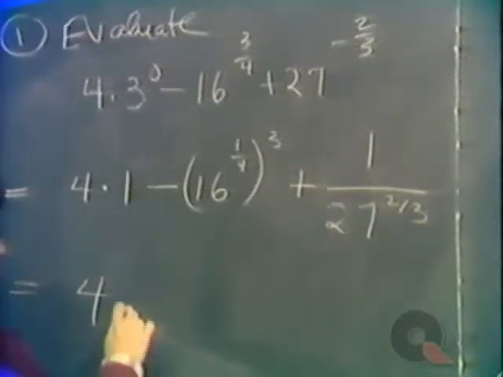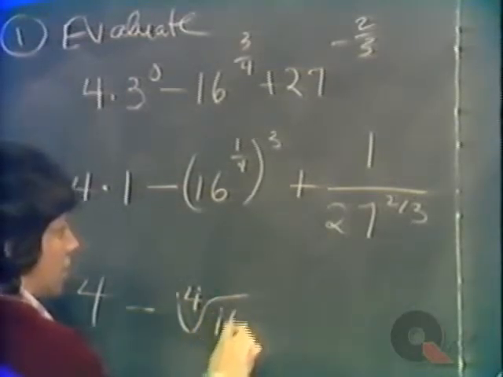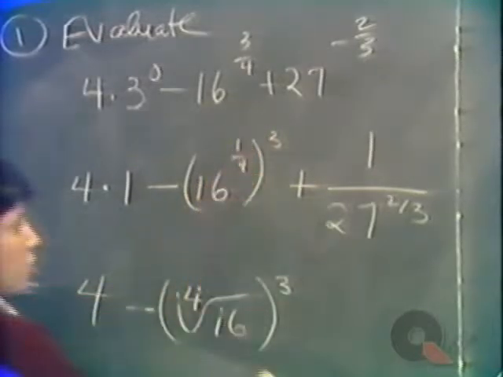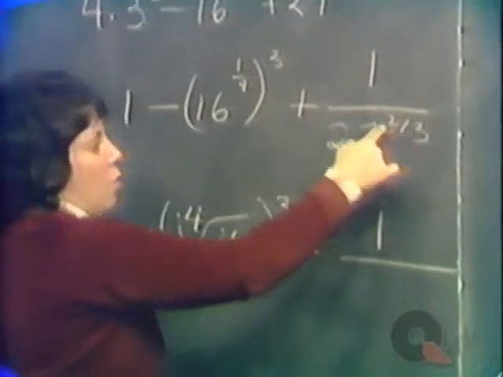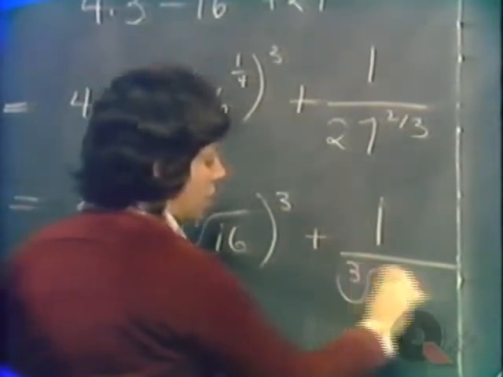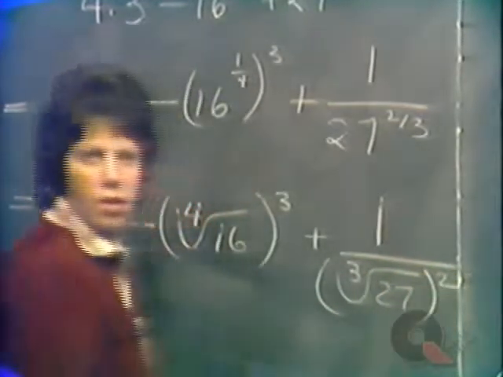Now, this is the 4th root of 16 cubed, plus 1 over 27 to the 1/3 power squared. This would be the cube root of 27 squared.